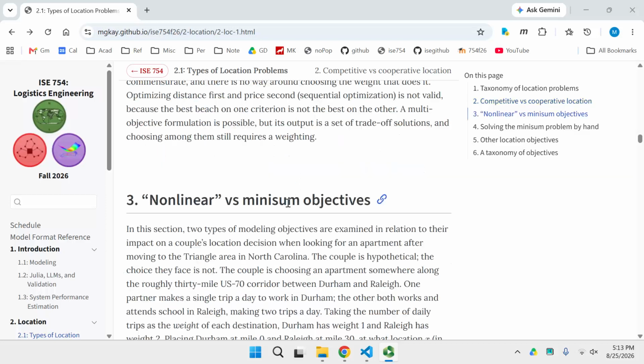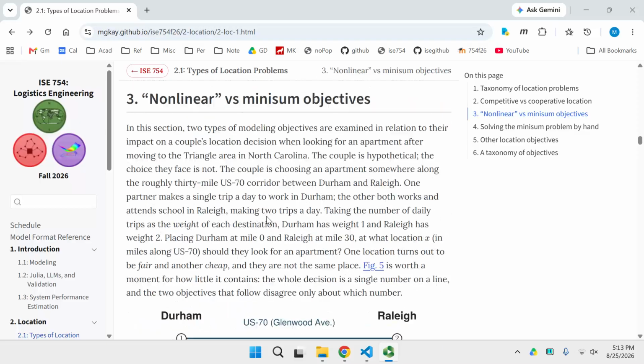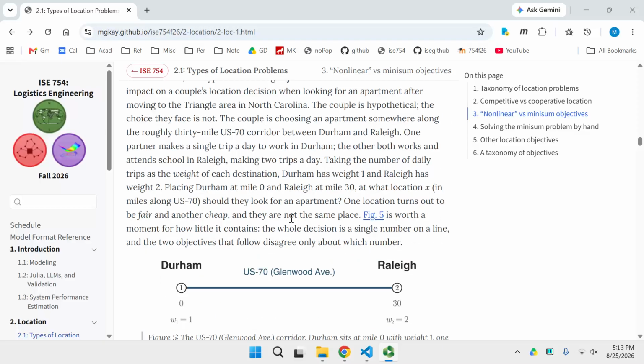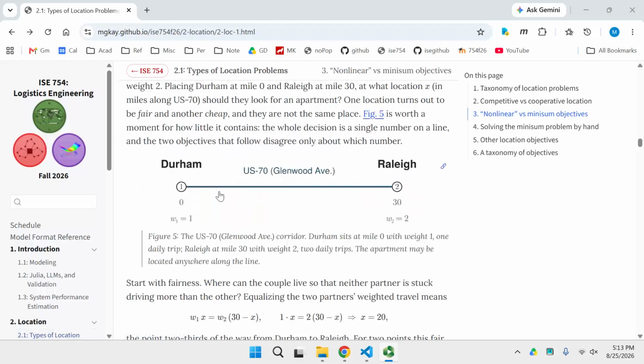The next is the nonlinear versus the minisum objective. And remember, the minisum objective is the one that is the linear objective function. For this problem, we're going to have another scenario. It's a situation where we have a couple that's moving to the Triangle area. One member of the couple is going to be working or going to school in Durham, so they make one trip per day.